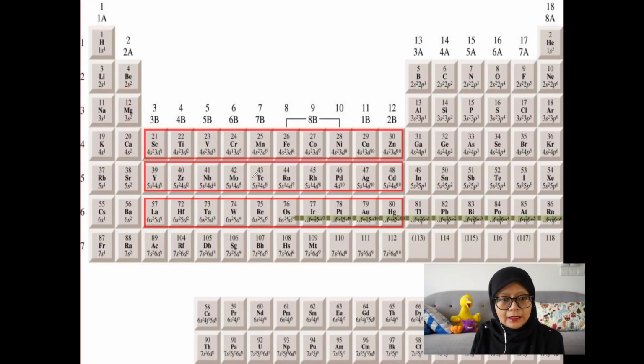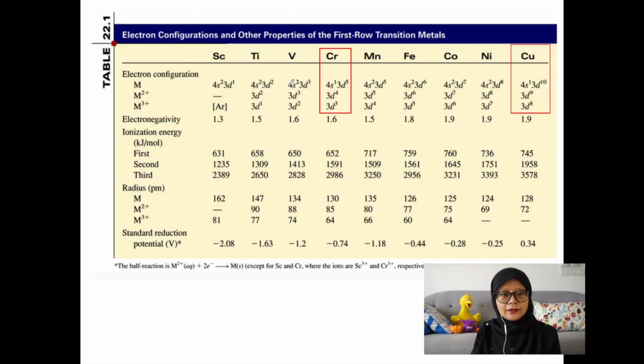These are examples of electron configurations for elements in the periodic table, and we are focusing on group 3 until group 12, the transition metals.